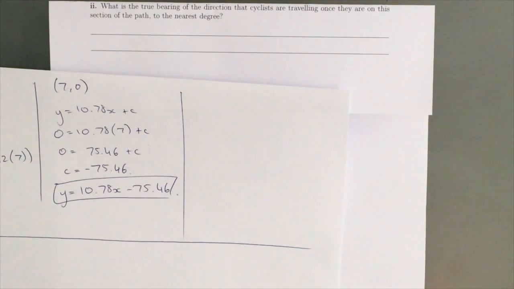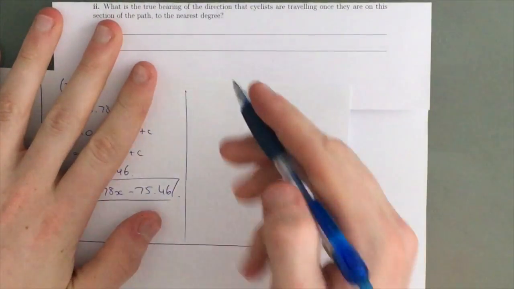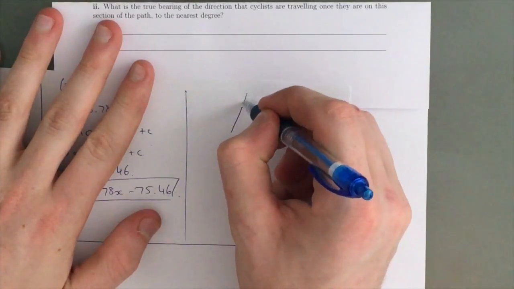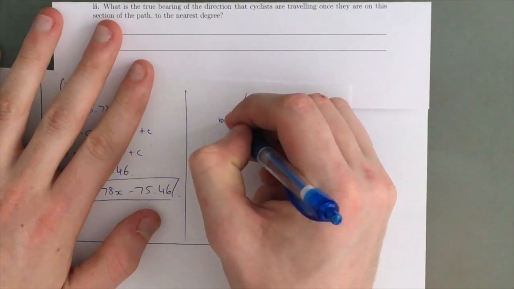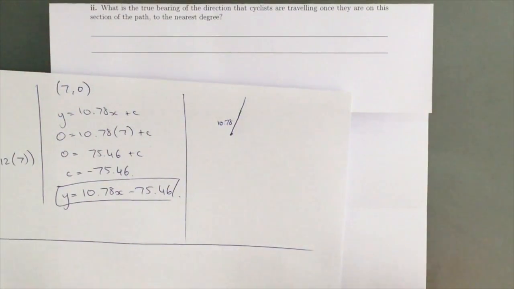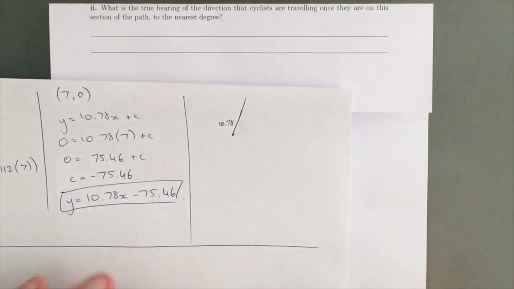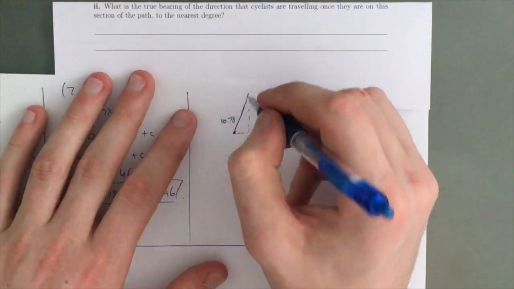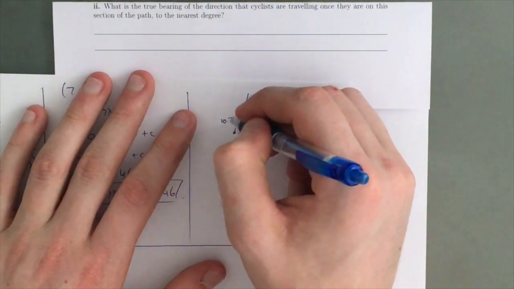So basically, we know that the cyclists travel up like this at a gradient of 10.78, which is what we worked out in the previous question. Which means that if we were to use this as a triangle, this triangle would have a gradient of 10.78.